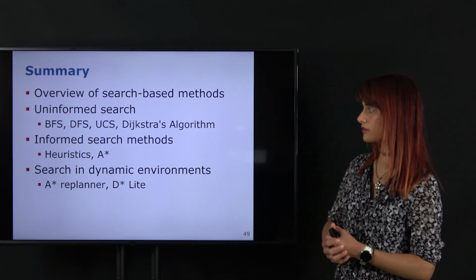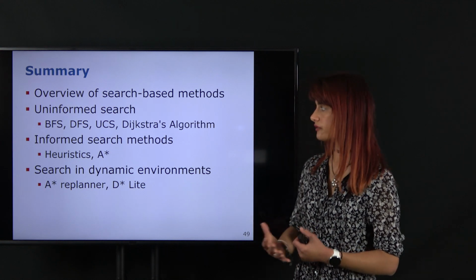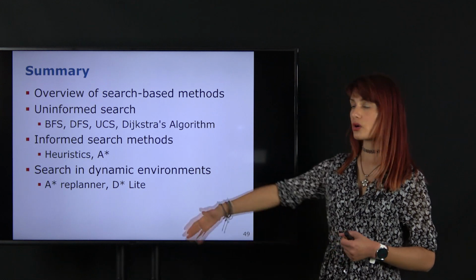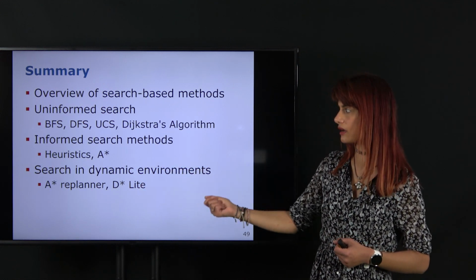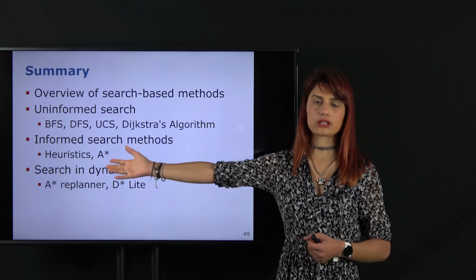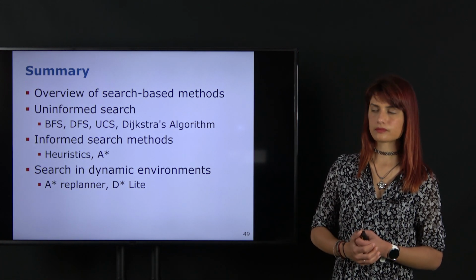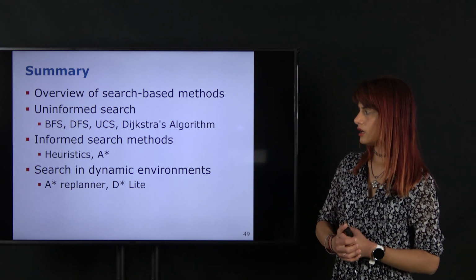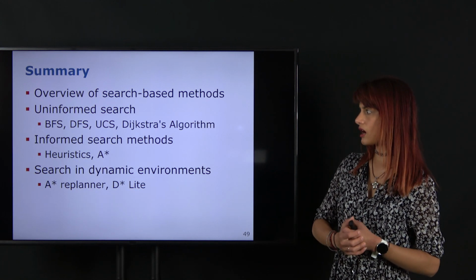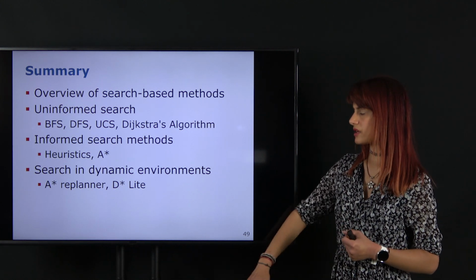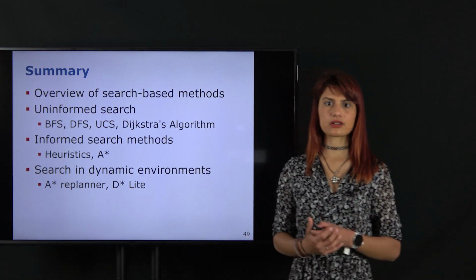And then we addressed some of the shortcomings of uninformed search by introducing heuristics, especially focusing on the A-Star algorithm and how it leverages heuristic value and accumulated costs in order to find the best possible paths. And finally, we discussed briefly how we can implement these search methods in dynamic environments and mentioned the A-Star Replanner and D-Star Lite here.